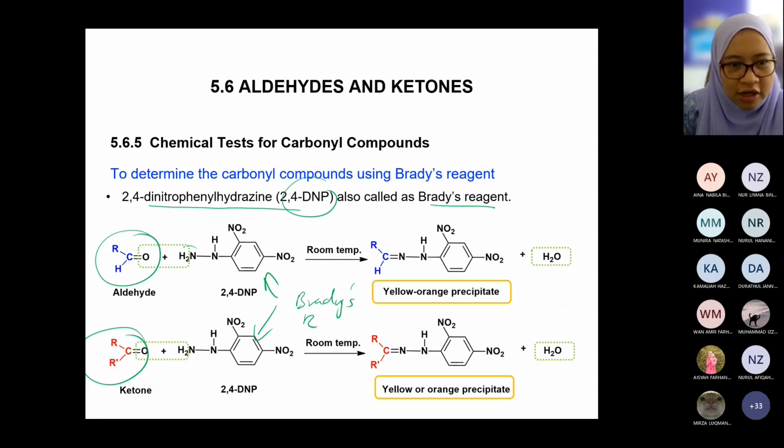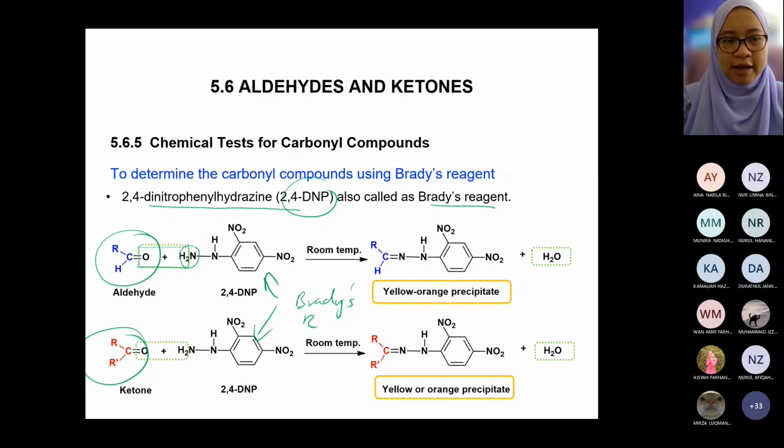So H2 dengan O from the carbonyl compound will be kicked out from the molecule and they will be attached together. So this will be the final product. So the final product will produce yellow-orange precipitate. So maksudnya positive result lah. Okay, Brady's reagent will give positive results for both aldehyde and ketone.